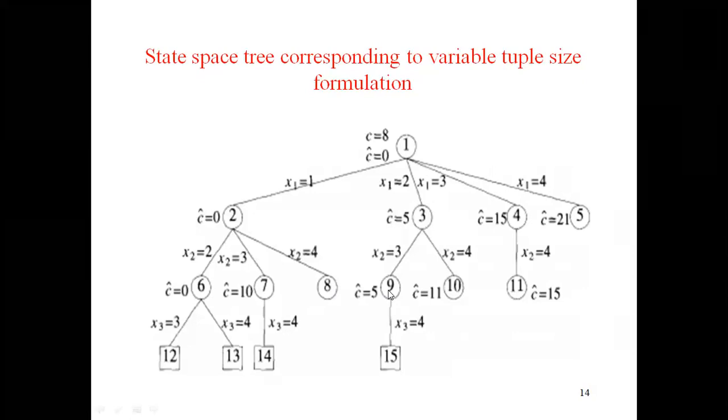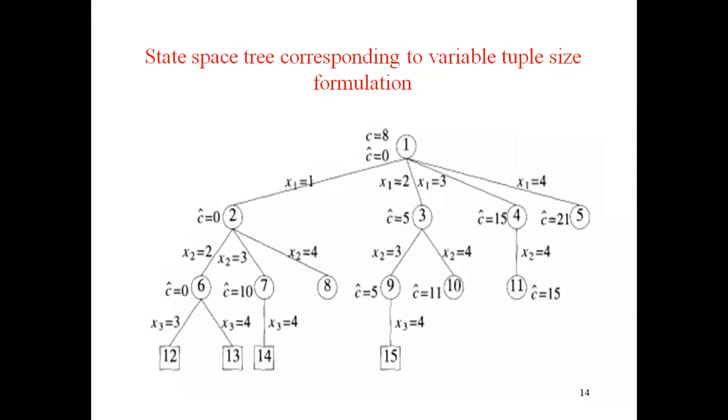Since if it is greater than upper, then we are killing that particular path. This is so because live nodes are in the queue in the order in which they were generated. They maintain the first in first out order.